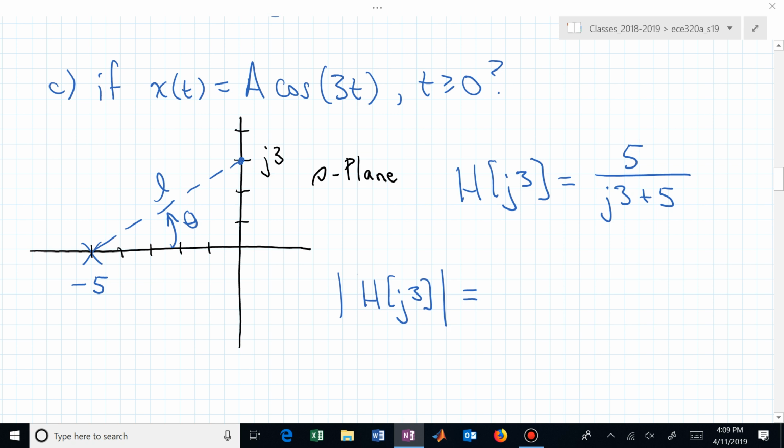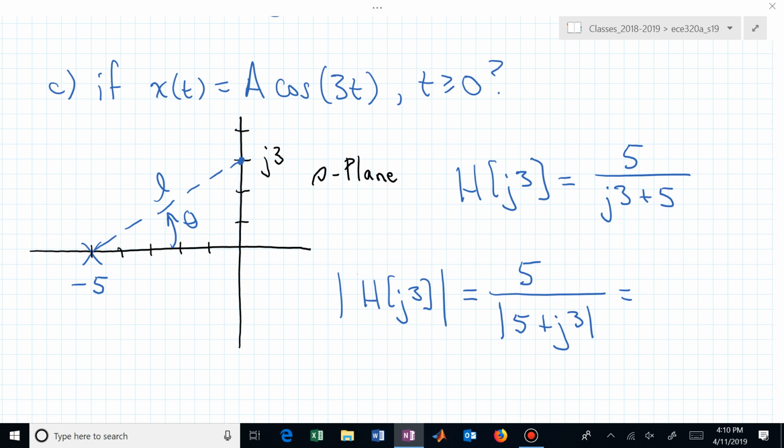What's the magnitude of the numerator? Now I'm taking the magnitude of the whole quotient, but that's the same as the quotient of the magnitudes, right? So I could take the magnitude of the numerator. What's the magnitude of 5? 5. And then I can take the magnitude of the denominator. I now have 5, and if I find the magnitude of this complex number, that's just a right triangle, and we're looking for the length of the hypotenuse.